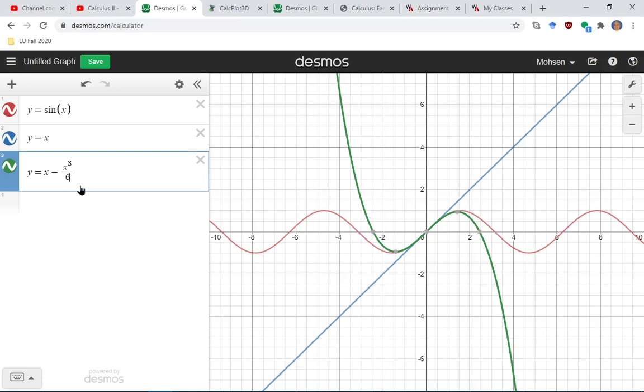So okay, we notice that the green curve is coming close to our sine, meaning x minus x cubed over 6 is a good approximation for sine of x in the vicinity of origin. Of course, if I go far away, the gap between the green and the red is again big. Try to cure this gap. Can I bring this green close to the red?